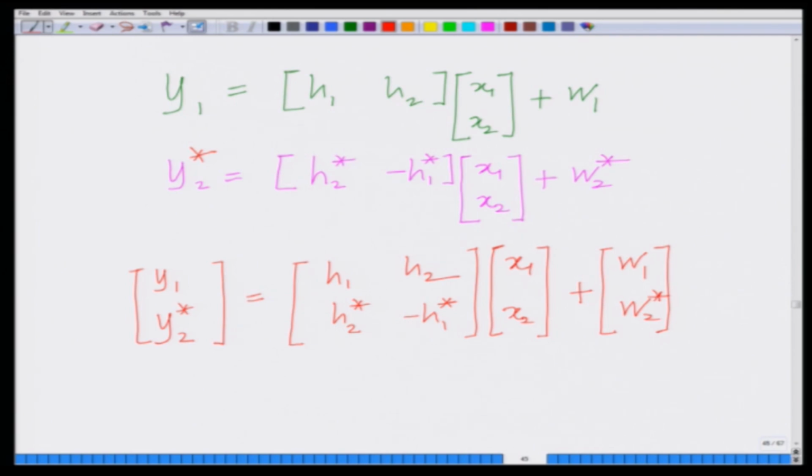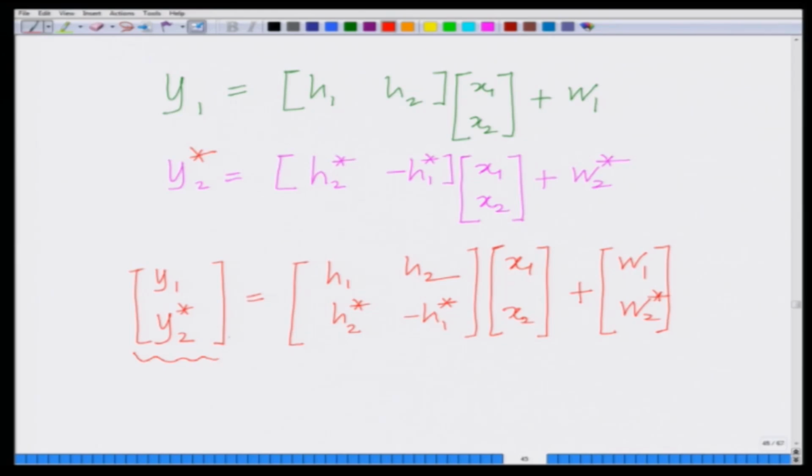So, now what I have done is stack y1 and y2 conjugate, and what I have received is an effective system model for this Alamouti coded system, in which I can represent these quantities as follows. This quantity here is y bar, which is a 2 cross 1 vector. This quantity here is a 2 cross 2 matrix. This quantity here is my transmit vector x bar, and this quantity here is the noise vector w bar.